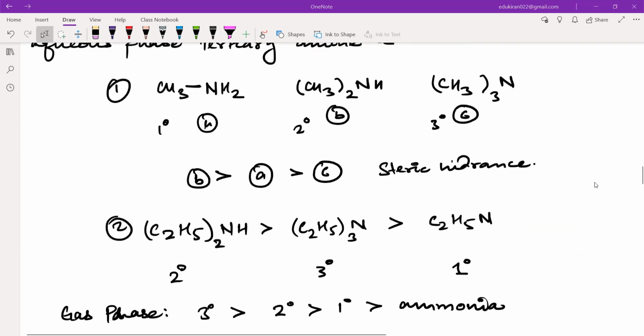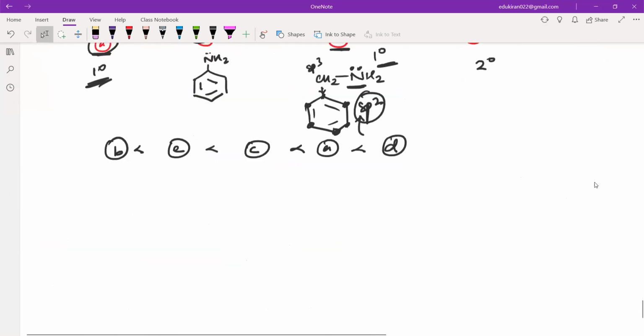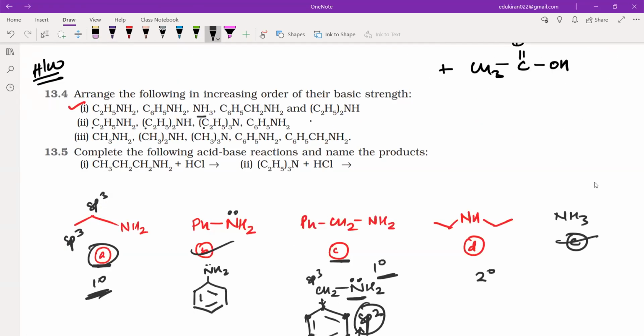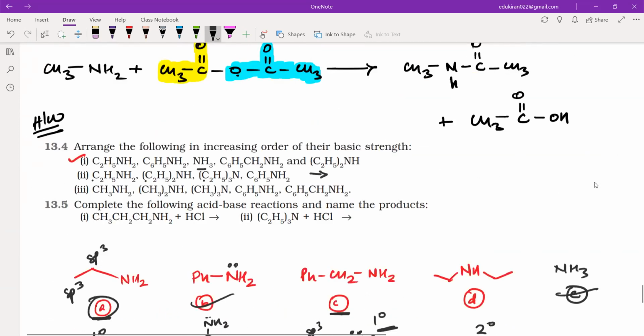So C2H5 2 degree is most basic, followed by 3 degree, followed by 1 degree, and at last we will have the phenyl one. You can check from the notes. First will be 2 degree, most basic, followed by 3 degree, followed by 1 degree, followed by PhNH2.